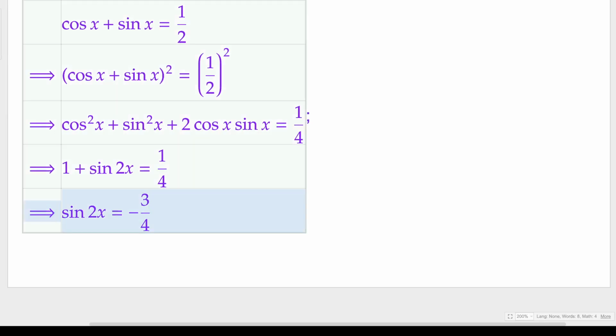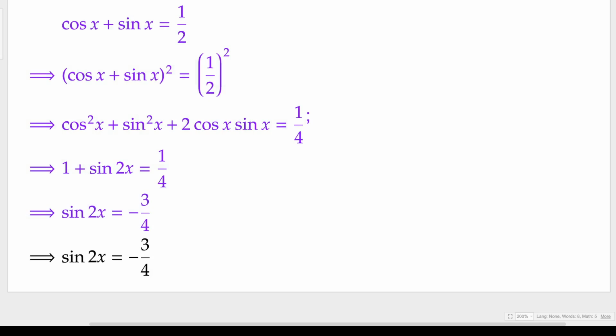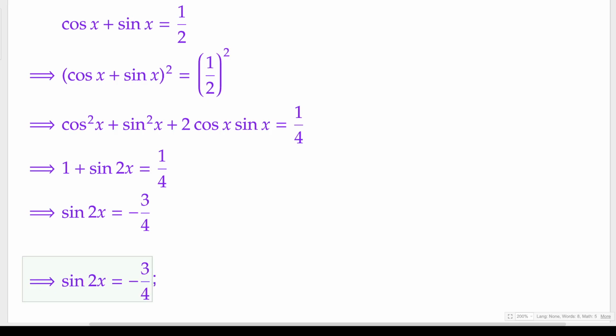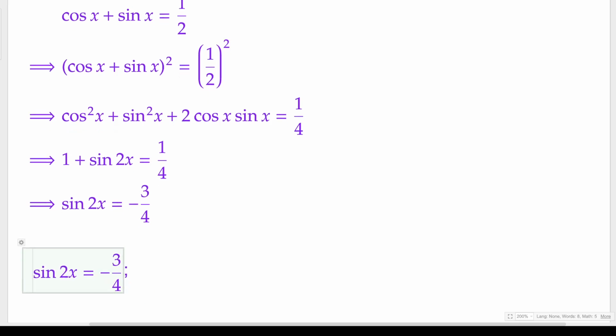Here we are given sin 2x. How can we arrive at an expression which contains tan and is equivalent to sin 2x? I'll take this sin 2x and proceed accordingly.